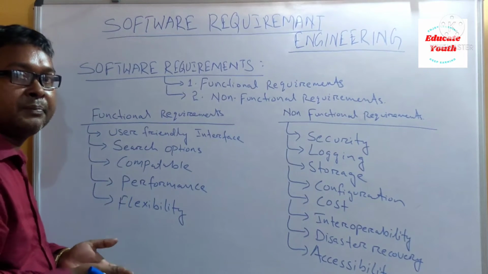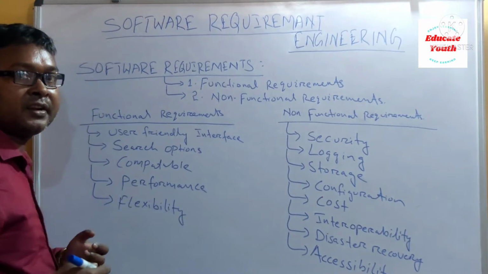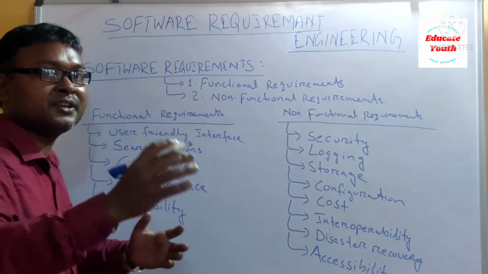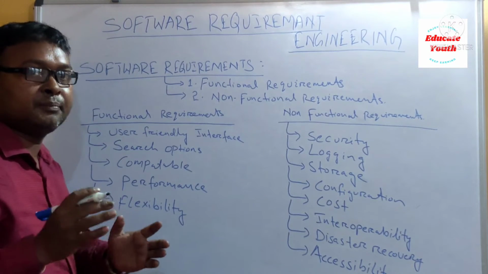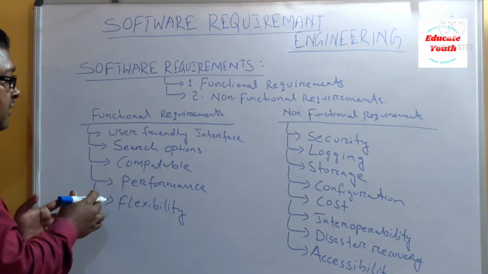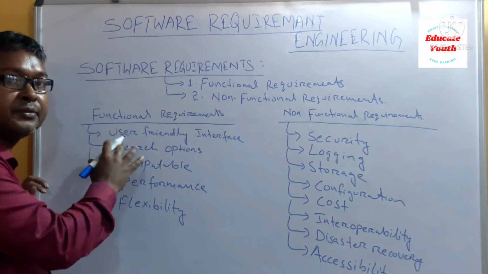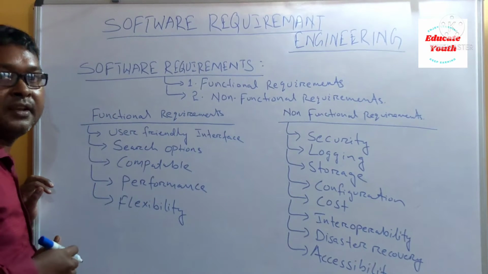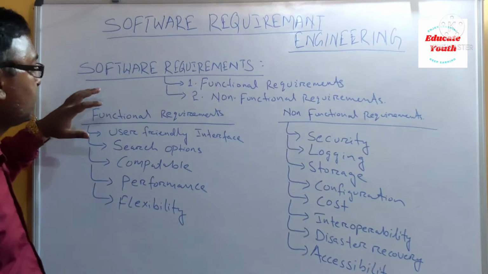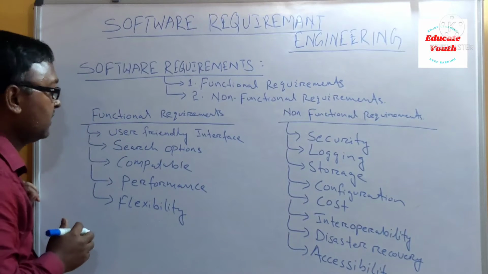After development and release into the market, whether that product will be accepted in the market or not is the important criterion. So in the company itself you need to analyze all these things and try to make a better software. The first requirement, the functional requirement, you should try to analyze.